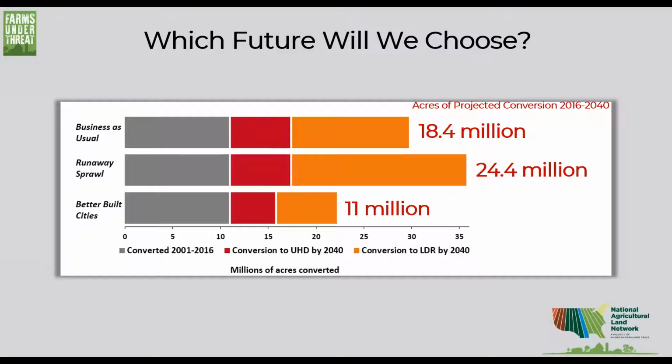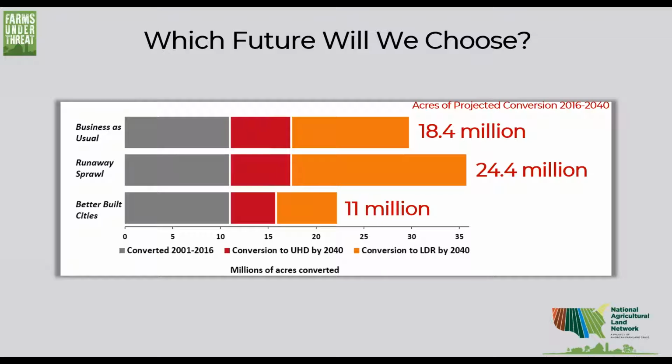Looking forward to 2040, you see that our projections are showing anywhere from 18.4 million to a total of 24.4 million acres that could be converted. Conversely, you see this 11 million acres for the better built cities that we imagine that we could get to if we are smarter in how we do our development.